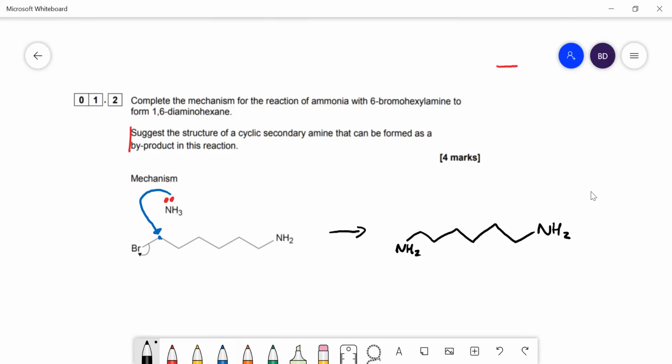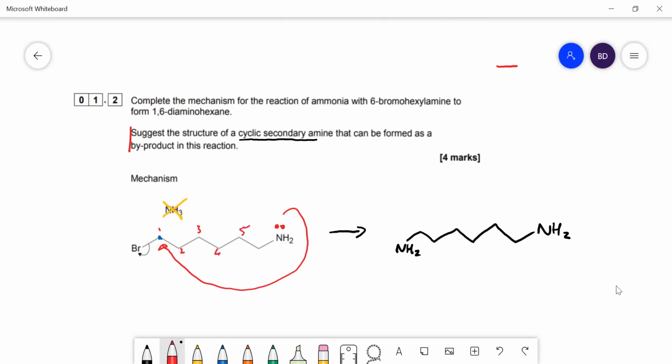Now, suggest the structure of a cyclic secondary amine that can be formed as a byproduct. Well, what could happen in that reaction? I'll just rub this bit out here. Instead of this ammonia, that ammonia doesn't react. The lone pair on the amine group could just as well attack there, and then the bromine would drop off. If that was the case, we've still got 6 carbons in the ring, joined by a nitrogen.